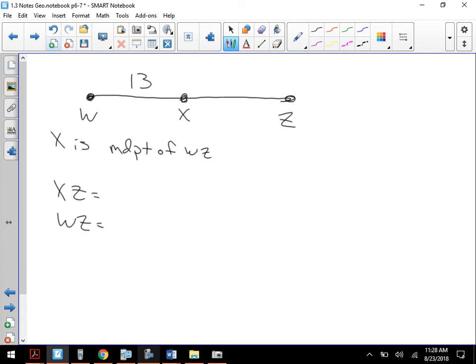When I go and mark my diagram then, what two segments have to be congruent to each other? Very good. It means that WX and XZ have to be the same. Therefore, if WX is 13, what's XZ? 13. And then, do two smaller segments equal the whole? And what's the whole thing? There you go.